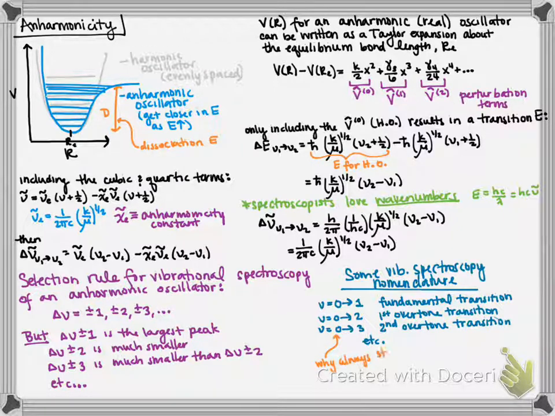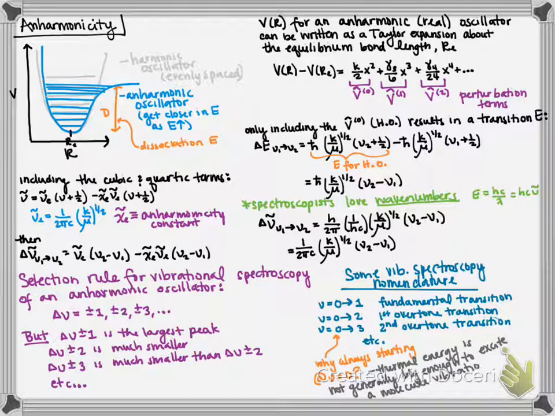So why do we always start with the assumption that the molecule is in its ground vibrational state for all vibrations? Why do we always assume that we start with nu equal to 0? Because technically that's not part of our selection rules, right? So the reason is that thermal energy, or temperature, is not generally a large enough contributor to excite a molecule vibrationally.